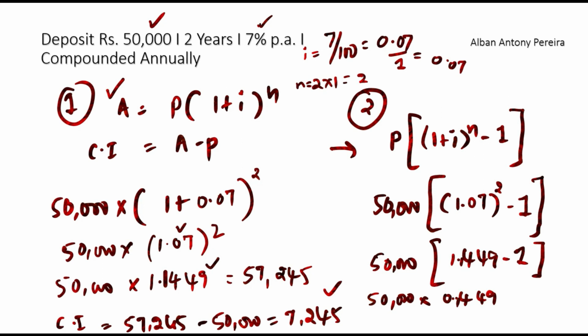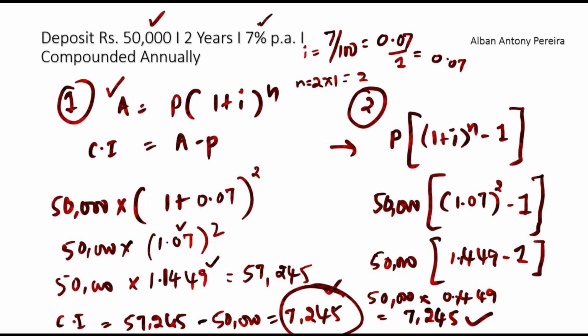What answer do you get? It will be 7,245. So in both cases you get 7,245.